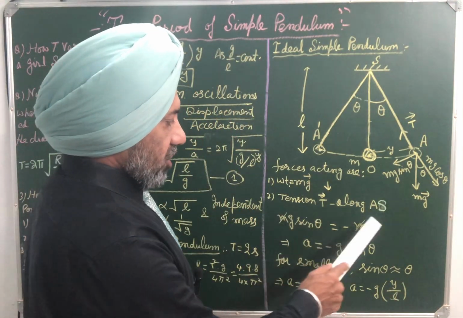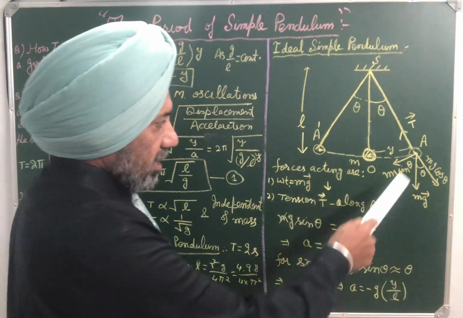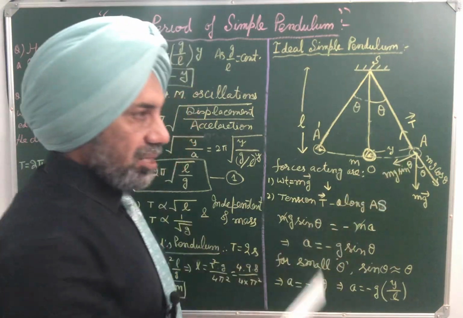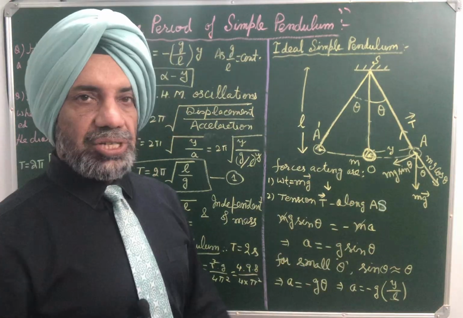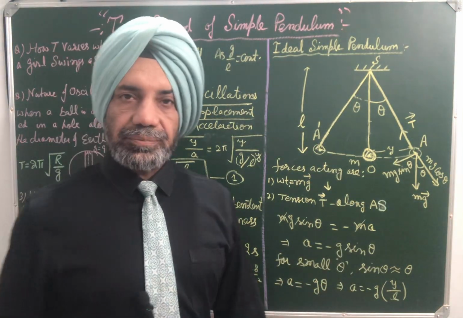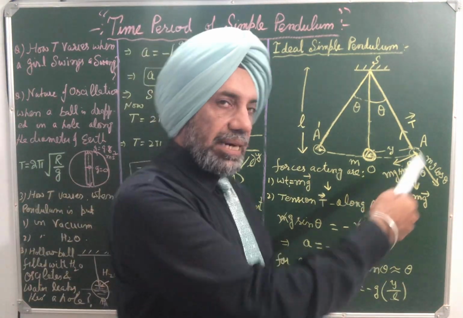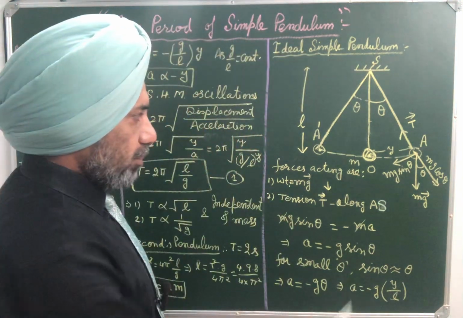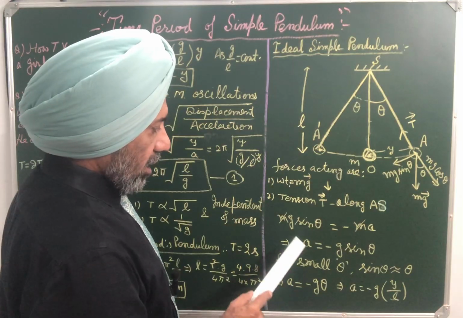So tension balances the weight component mg cos theta. Since mg sin theta provides the necessary restoring force which takes the bob back to the mean position, mg sin theta must be equal to minus ma. The negative sign is there because it is directed toward the mean position, taking the bob back from the extreme position.